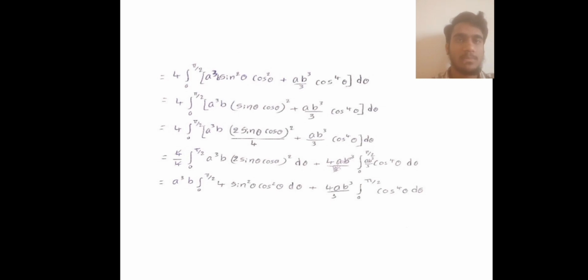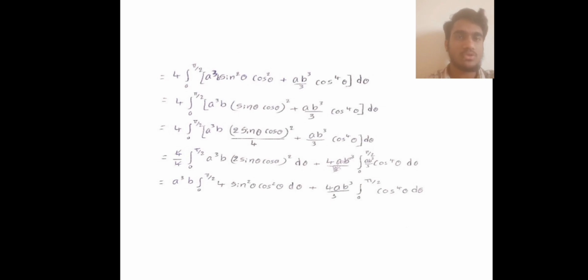4 integral 0 to pi by 2 a cube b, we have (sin theta into cos theta) whole square plus a b cube by 3 cos power 4 theta into d theta. 4 integral 0 to pi by 2 a cube b, multiplying and dividing by 4, (2 sin theta cos theta) whole square by 4 plus a b cube by 3 cos power 4 theta d theta. 4 by 4 integral 0 to pi by 2 a cube b (2 sin theta cos theta) whole square d theta plus 4 integral 0 to pi by 2 a b cube by 3 cos power 4 theta d theta.